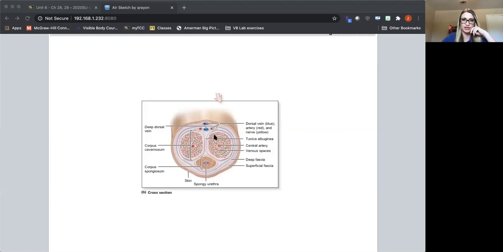Is it labeled on here? There is actually a layer of muscle here that surrounds the erectile bodies, but that's not what causes an erection. The thin layer of muscle that's actually present in the penis has the opposite effect.